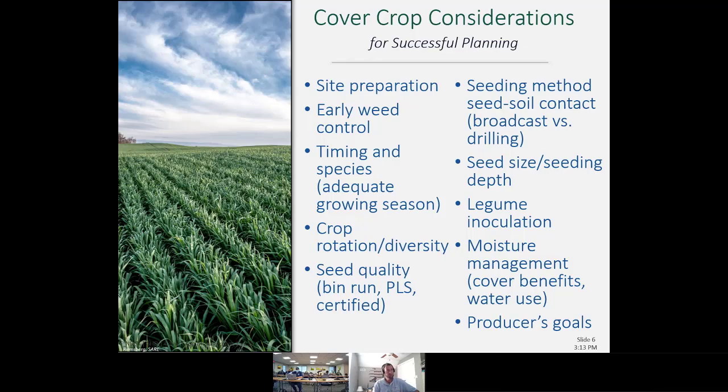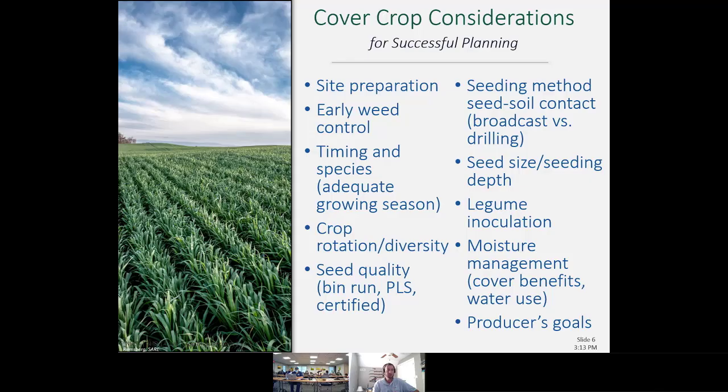We also have, later in the presentation, some slides on different seeding methods. We'll look at seed to soil contact, talking about drilling versus broadcasting. We can also have that conversation about seed size and seeding depth. We also have slides that will talk about legume inoculation.